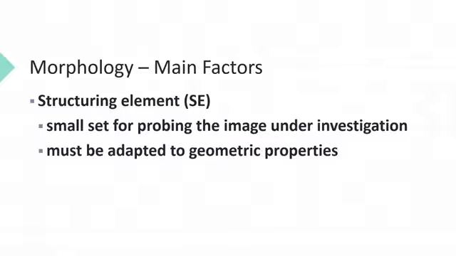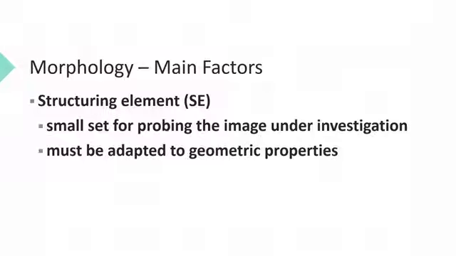The main factor of morphology is the structuring element, which acts as a mask, having some 3x3 or 4x4 array. It will mask each and every part of the image and perform some operations which we are going to see in the next slides.